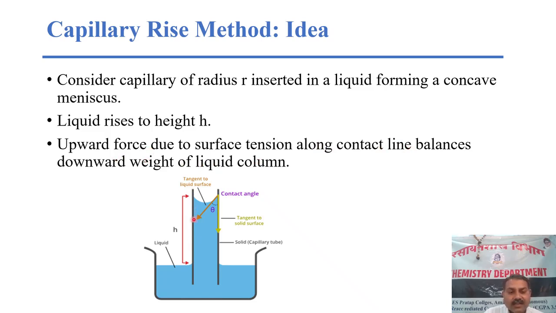So the liquid rises until the surface tension acting on the liquid becomes equal to the weight of the liquid column. These two forces, upward force and downward force, get balanced. At the time of balance of these two forces, the rise of liquid in the capillary stops.